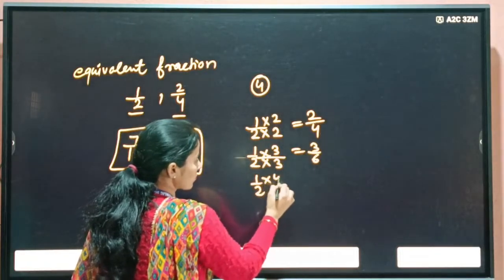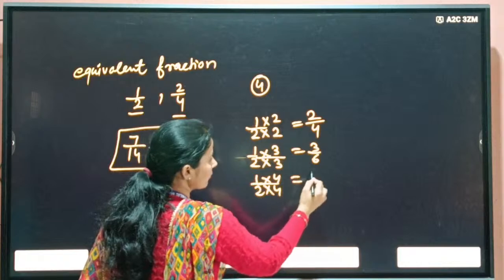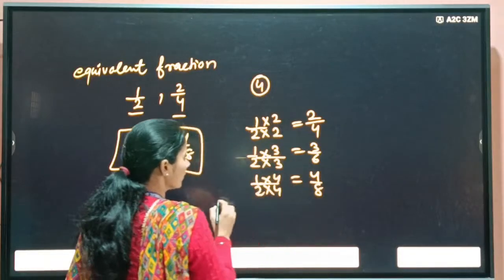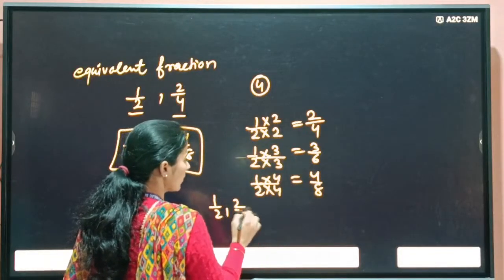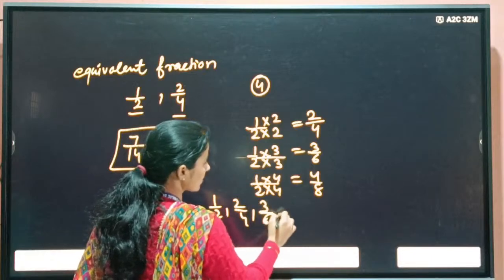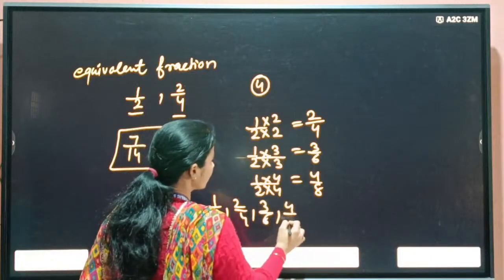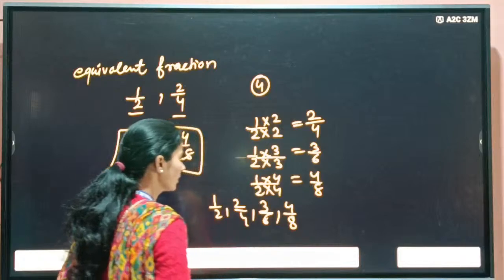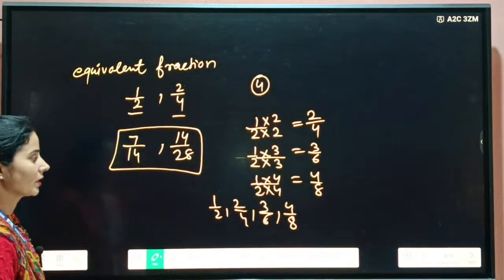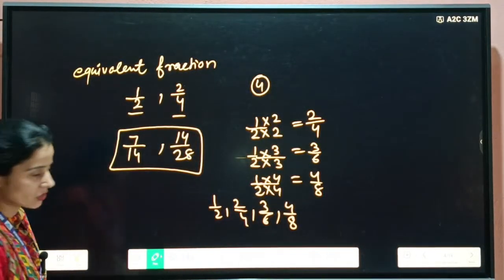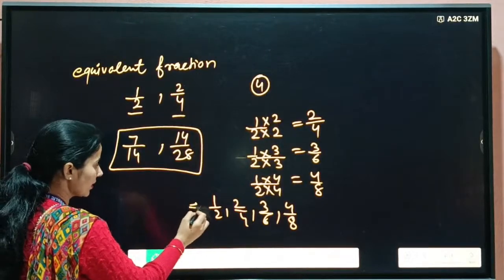Next, you can choose 4, then it will be 4 by 8. This 1 by 2, 2 by 4, 3 by 6 and 4 by 8, these all are representing equivalent fractions.